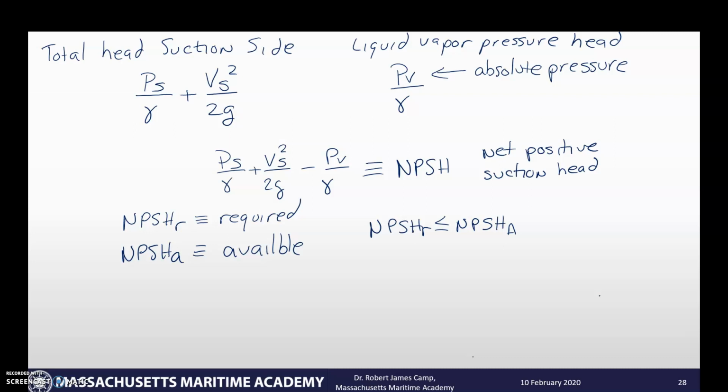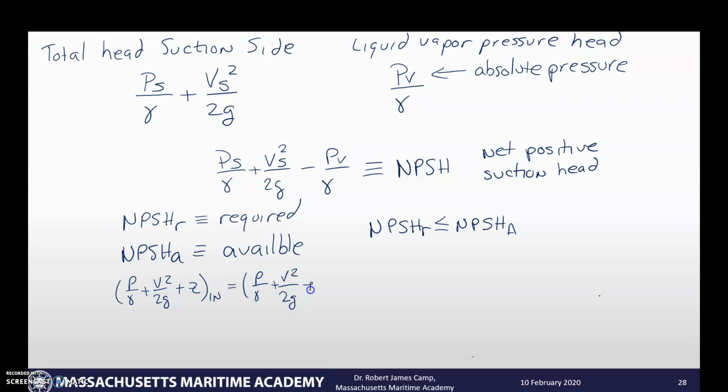Now the next question is, well, how do I calculate this out if we're not going to do an experiment? So let's look at our energy equation. So that's our NPSH equals all of this stuff going out.